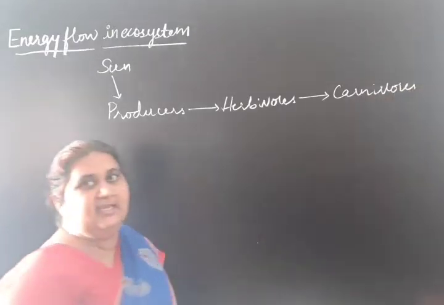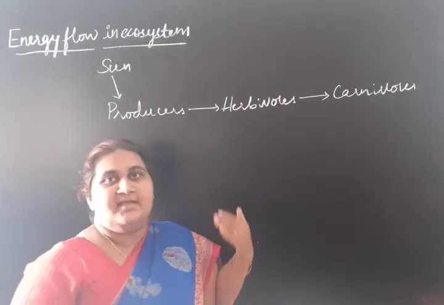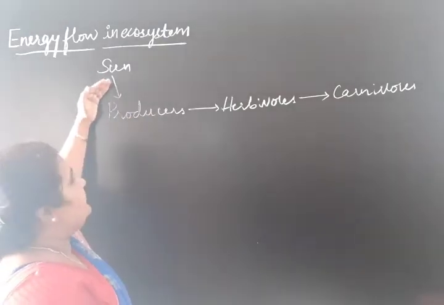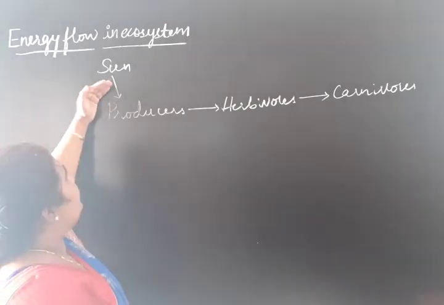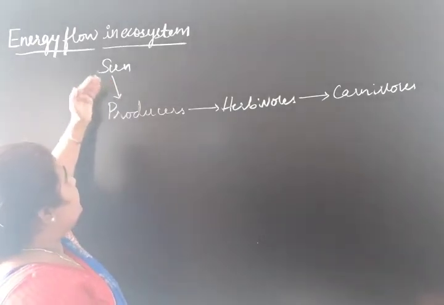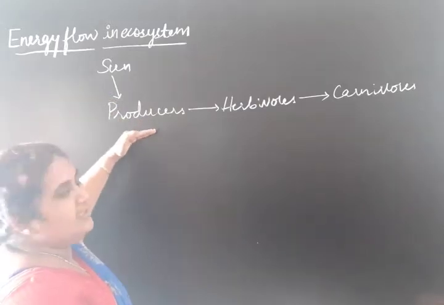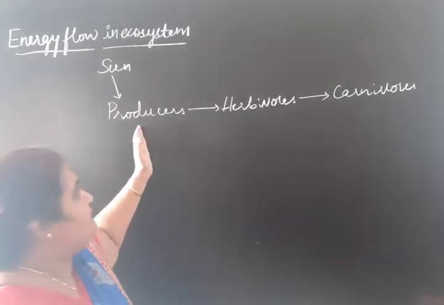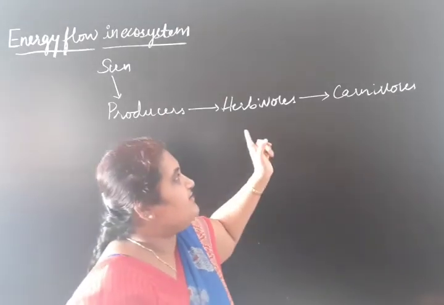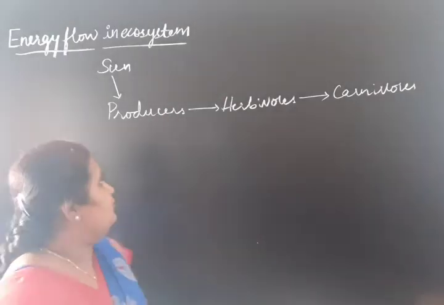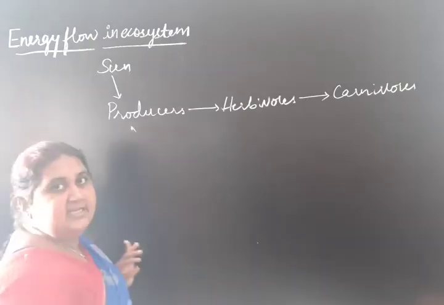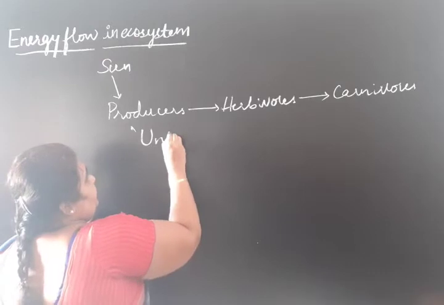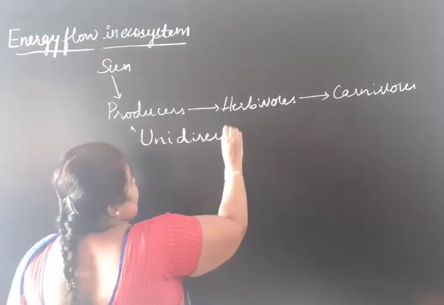And energy does not move in a reverse manner. From the sun, solar energy will be utilized by the green plants. Food will be prepared and the energy will be transferred from producers to herbivores and from herbivores to carnivores. So we say that energy flow in an ecosystem is unidirectional.